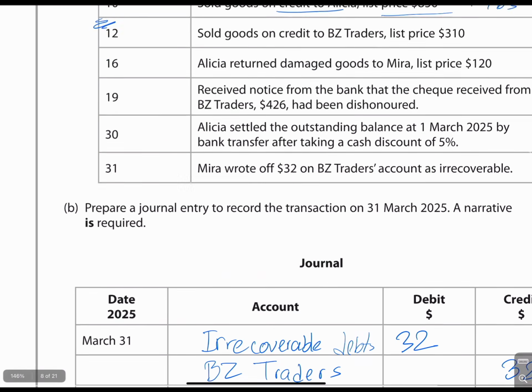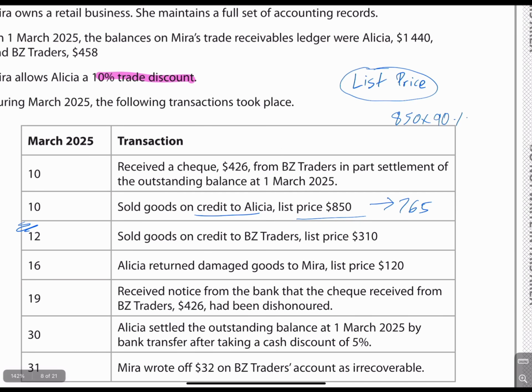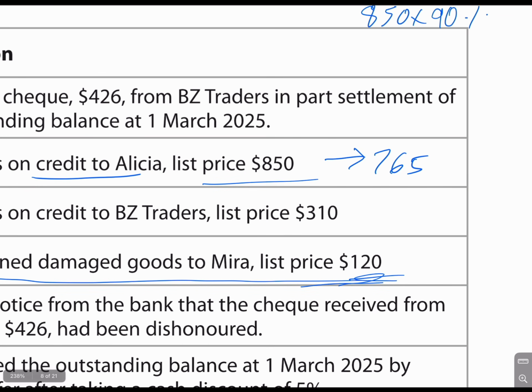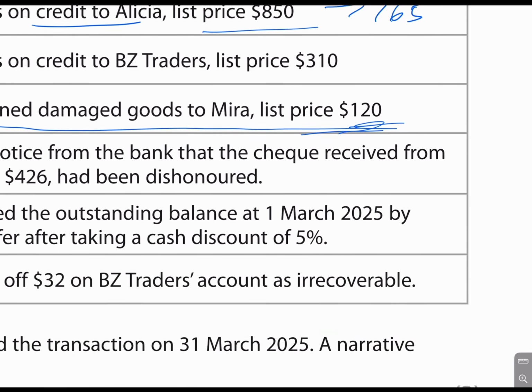So on the next part, what's related to Alicia? Alicia returned damaged goods to Mira, list price 120. If you are getting 10% discount when you are buying, when you are returning at a later date, you don't return it with the catalog price, you return it with the discounted price.